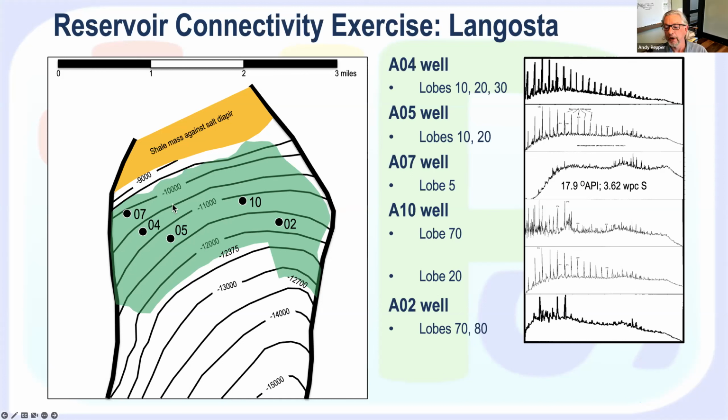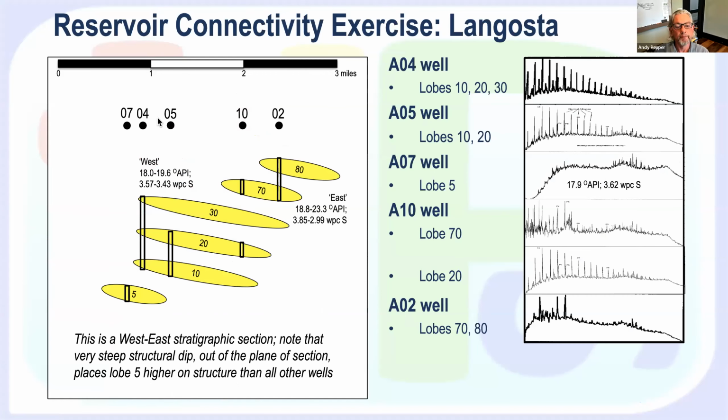And so really the final interpretation of this, where we look at the fingerprints, what we find is that this is a series of offlapping lobes that, if you're not careful, you would just correlate them all along here. But we see different fluid fingerprints in here that are actually caused by differential amounts of biodegradation in this case.